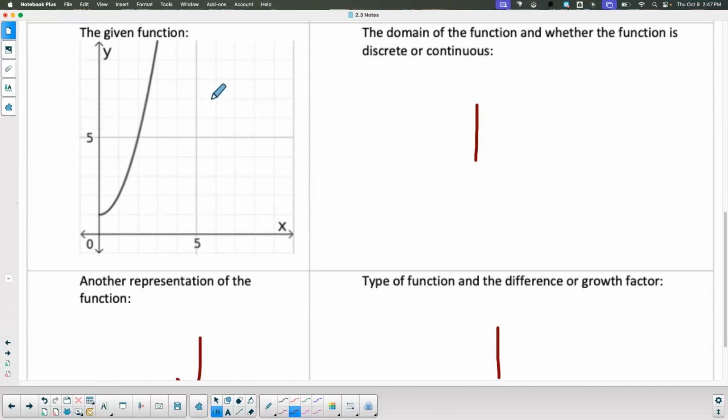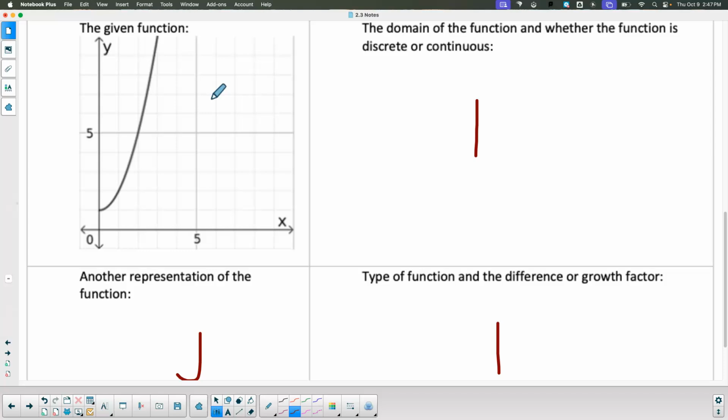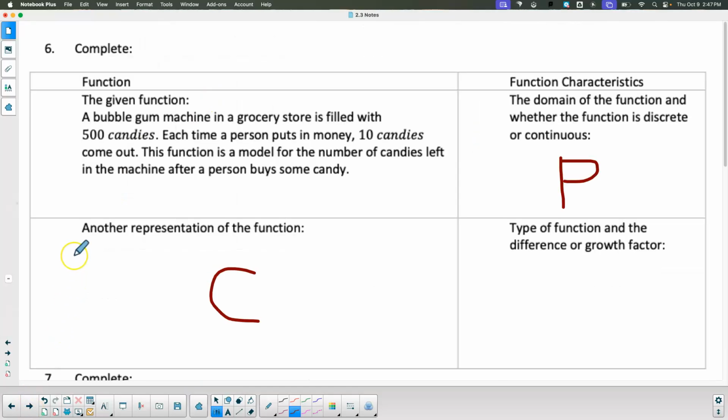For number 5, I thought card I fit for both the domain and the type of function, if memory serves me right. And I got J for another representation. Yes? No? Maybe? For number 6, I got P for the domain and C for the representation.